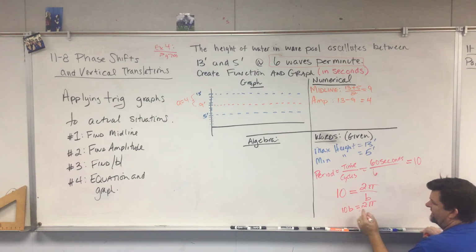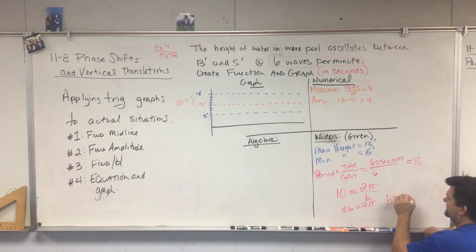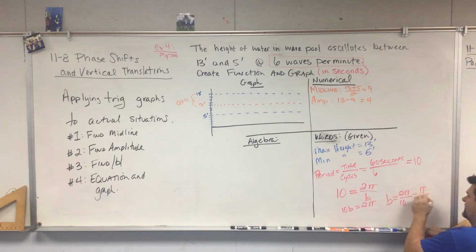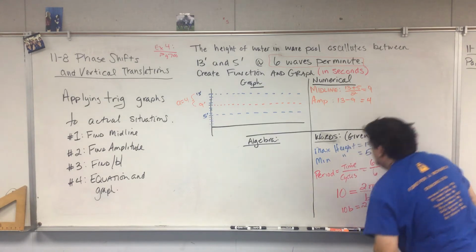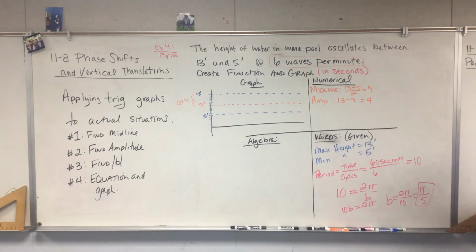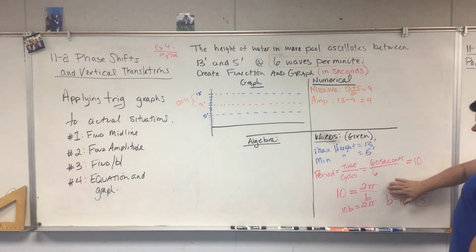And then if I divide by 10, B equals 2 pi over 10, or pi over 5. So my B is pi over 5. I probably could have done that up here, but I just did it down here. So this is what we were given.